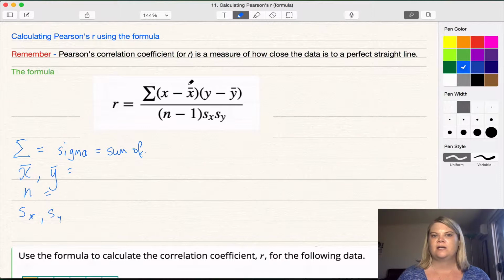X and Y here are just the two variables that you're using, the X value and the Y value, like they usually are. X bar, you should remember from earlier videos, means the mean of the X values, and Y bar means the mean of the Y values.